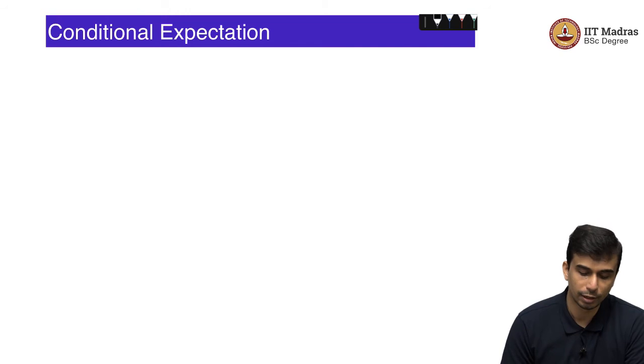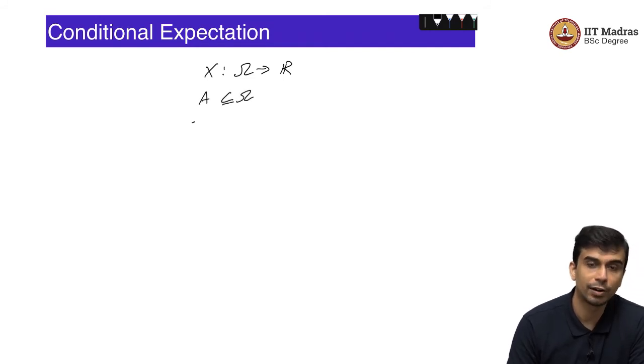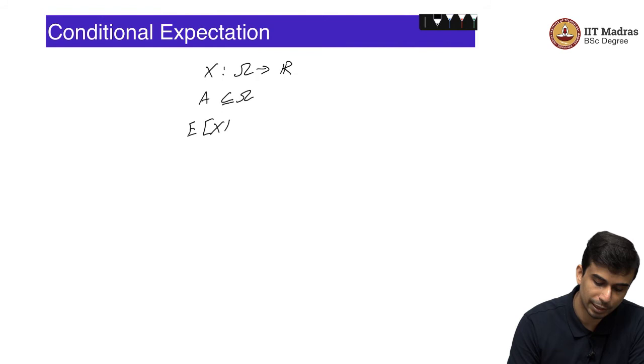Okay. All right. We will move on to the next topic, which is conditional expectation. Right. So, we have already defined conditional expectation conditioned on an event, right. So, we have a random variable X from omega to R, and let us say A is a subset of omega.